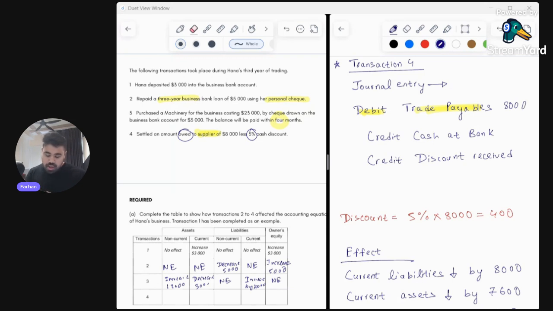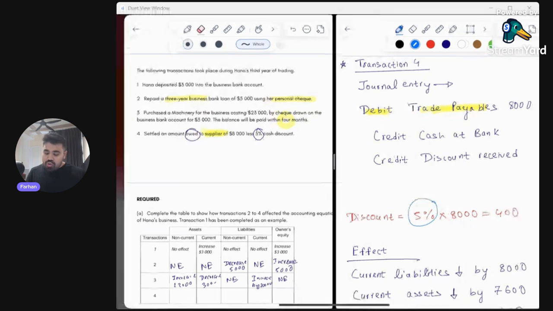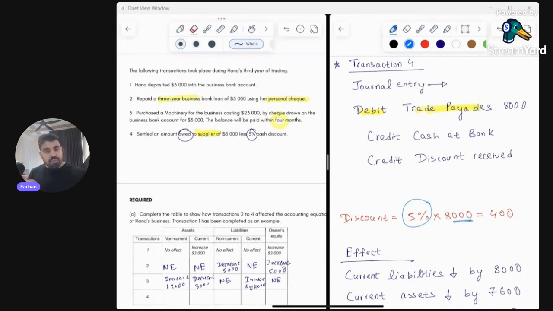Okay? Now, what's the amount of discount we got when making this payment? The discount is 5%, which the question states. And the original amount we used to owe our trade payables was 8,000. So 5% of 8,000 is 400, which is a discount we expect to receive when we're making this payment.